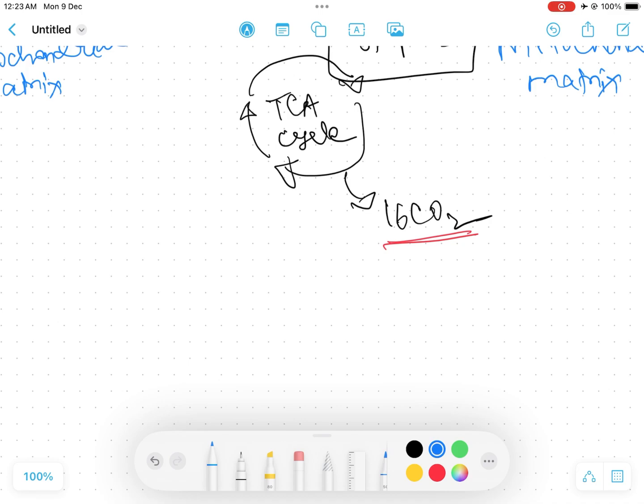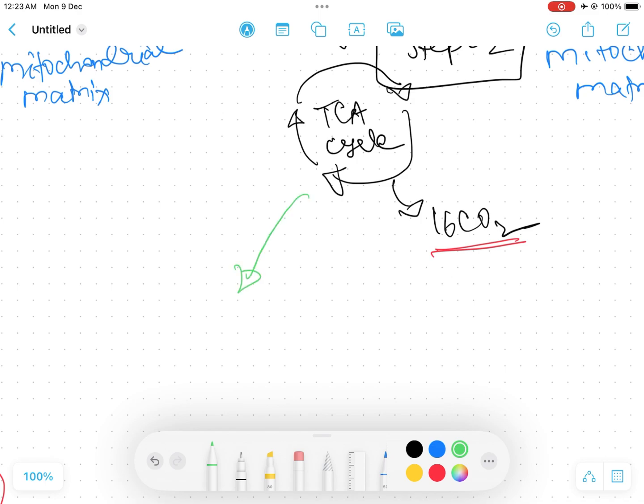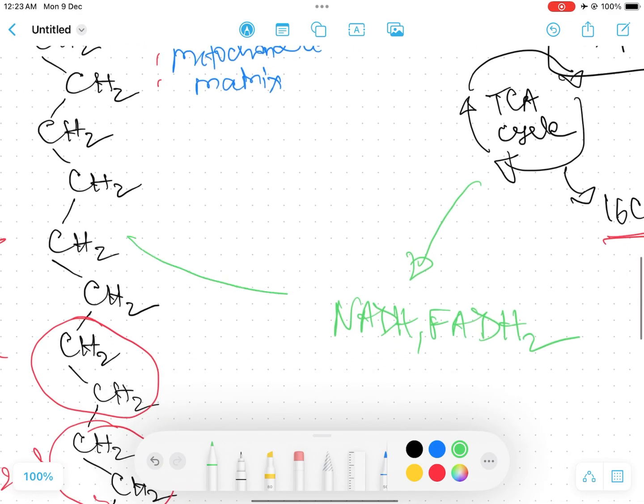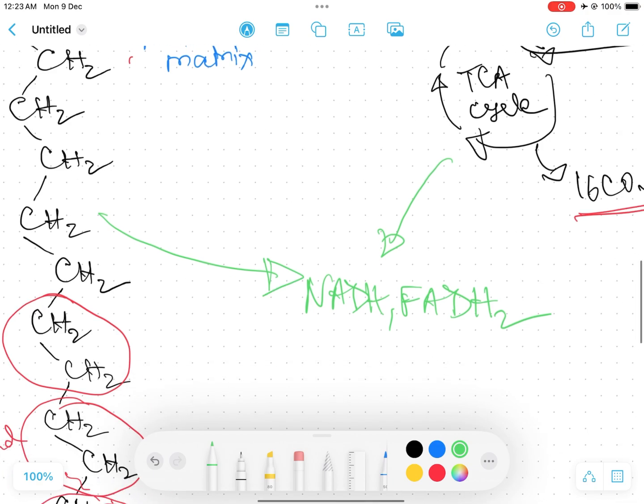Now what is the third step? If you remember, in the TCA cycle you get ATP, you get NADH and FADH2, and in beta oxidation also you get NADH and FADH2.